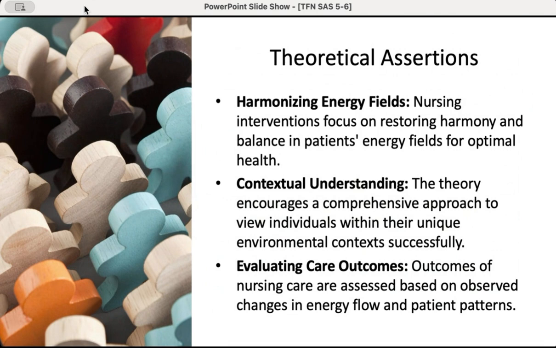So nursing interventions focus on restoring harmony and balance in patients' energy field for optimal health. The theory also encourages a comprehensive approach to view the individual with their unique environmental context, and at the same time, the outcomes of nursing care are assessed based on observed changes in energy flow and patient pattern.